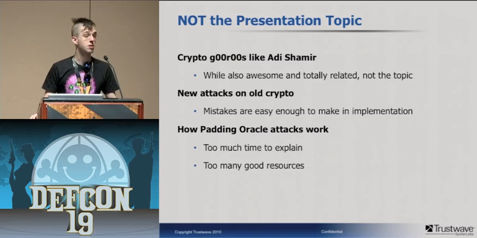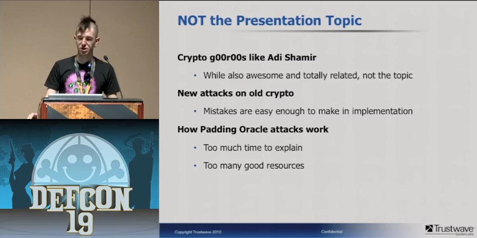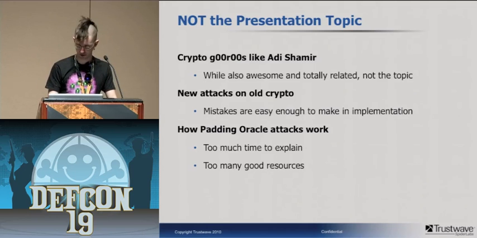We're also not going to be talking about how padding oracle attacks work. Now, if you would like to know, the presentation from Ekoparty, Padding Oracles Everywhere, is a fantastic resource, and it talks about the implementation of padding oracles as decryption oracles and using that against a couple different things, JavaServer Faces, ASP.NET, so groovy stuff.